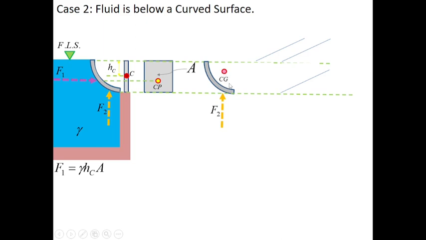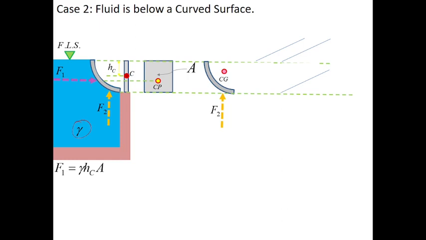Take note, for case 2, we imagine that the empty space here, yung empty space natin dito, is filled with liquid which has the specific weight gamma.